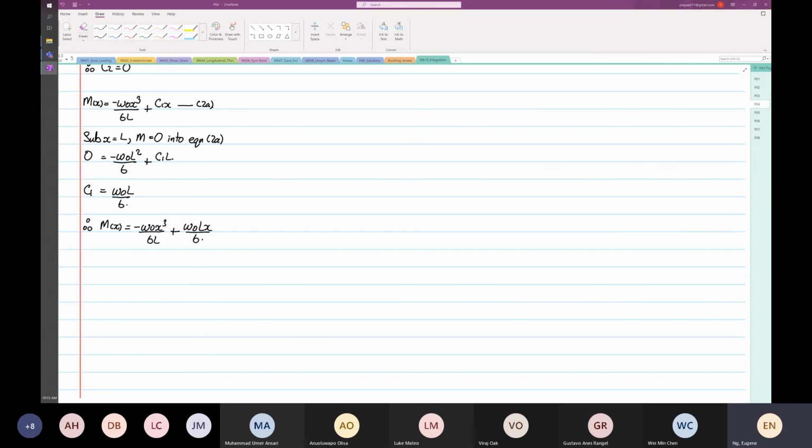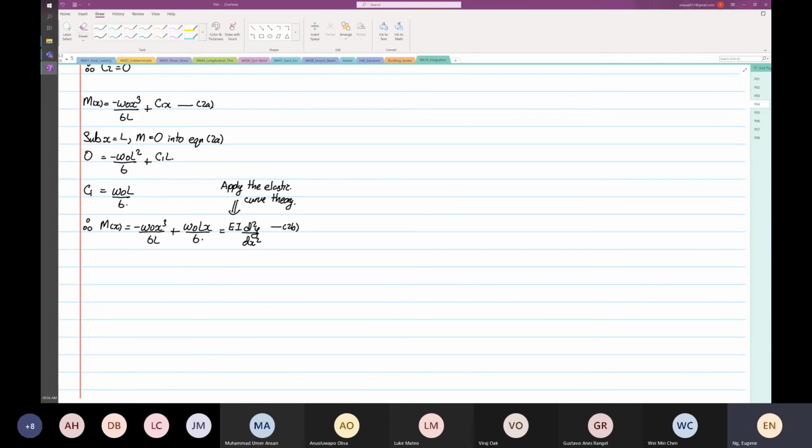Then this whole equation over here is also equal to EI d squared y over dx squared. So what we have just done down here is apply the elastic curve theory. Is that simple? You guys are like, is that it? Yeah, that's it. Then this is my equation 2b.